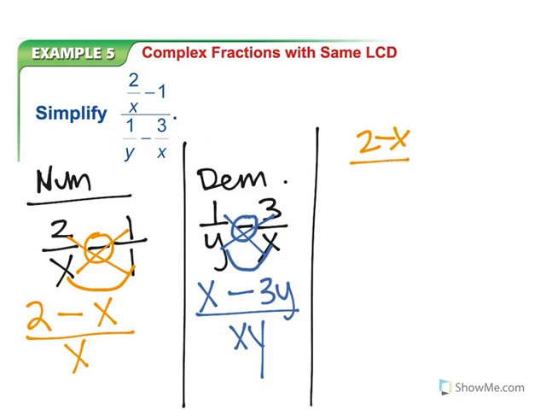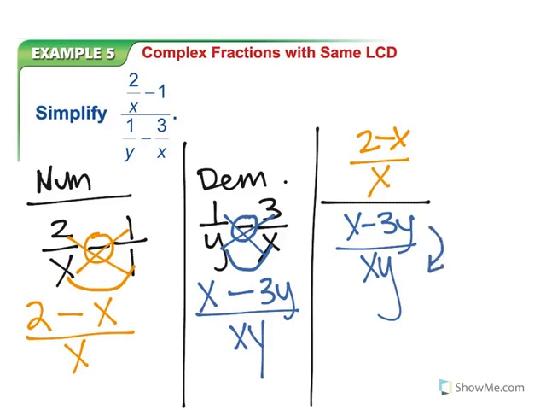We have the numerator, which is 2 minus x, divided by x, divided by our denominator, which is x minus 3y over xy. We have a complex fraction, so we're going to take the second fraction, flip it, and then multiply straight across.